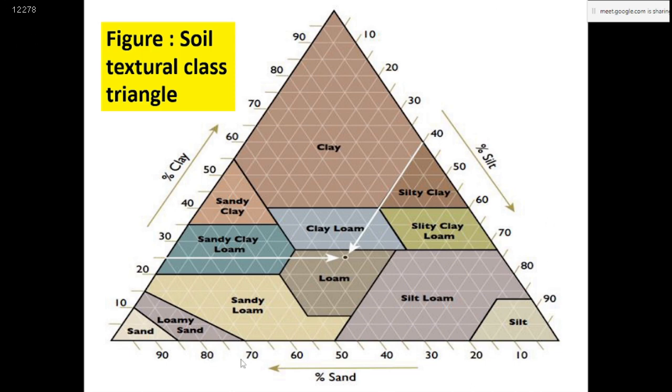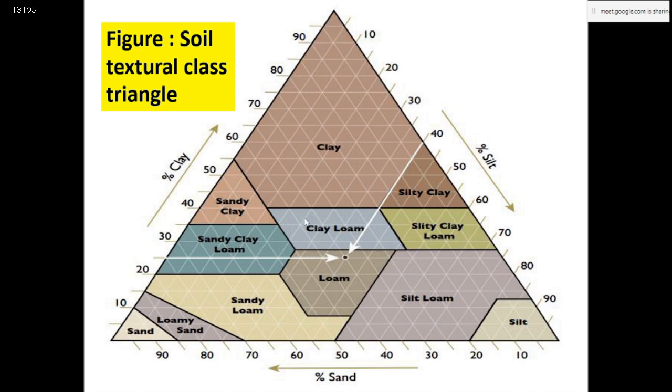Suppose the sand is 60%, then we find 60% here. Draw a parallel line to the silt. Clay is 10, so draw a line parallel to the sand, and silt parallel to the clay side.